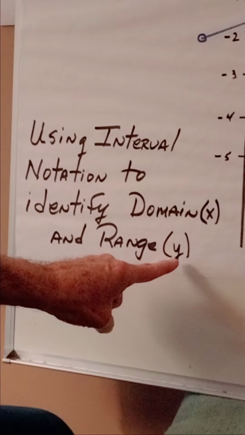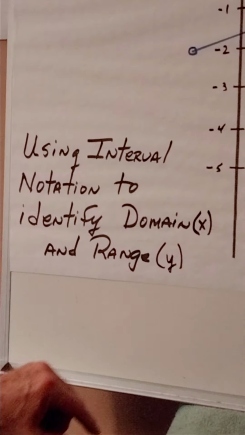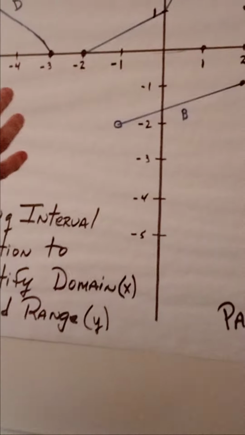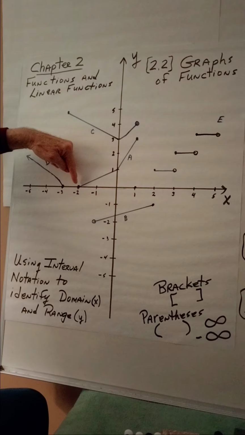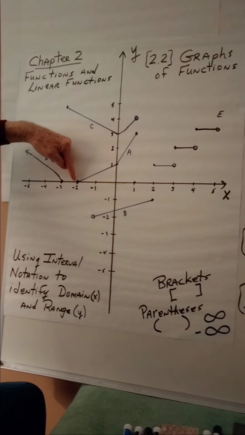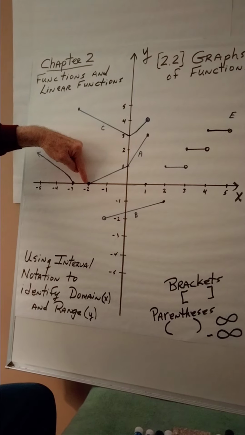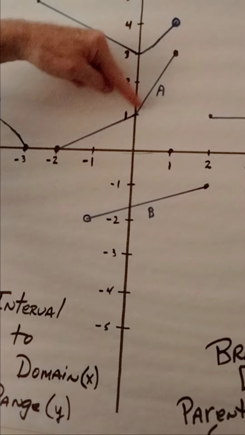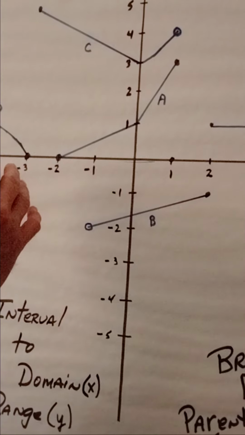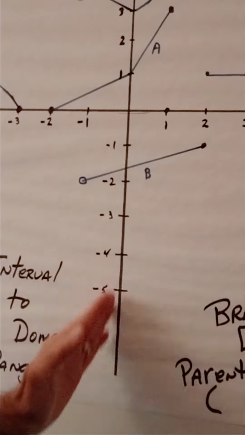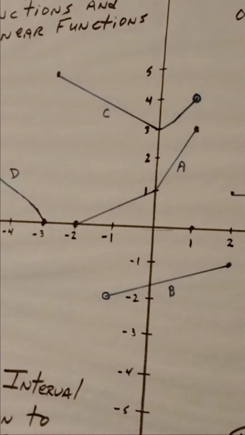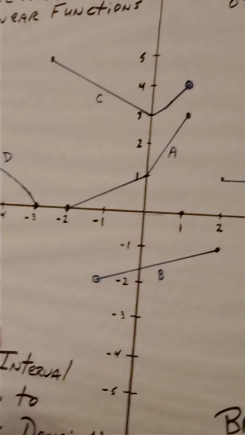Down here again, I already alluded to this, but just keep this in mind. The range is affiliated with y. So, to find the range, we are now going to do the following. We're going to take all of the points on this graph, and we're going to move them all over to the y-axis, because range is affiliated with y.